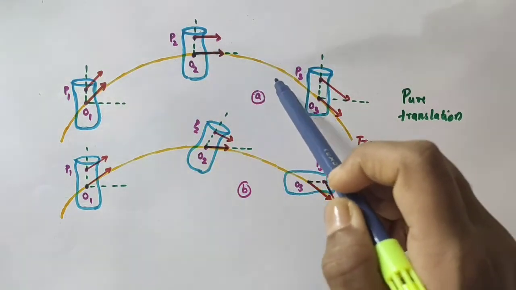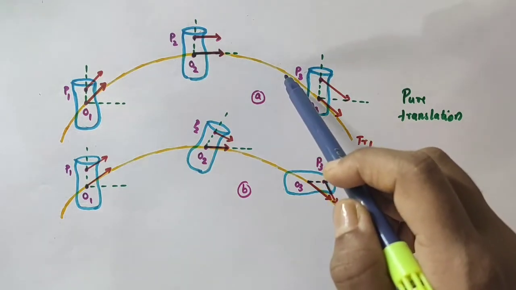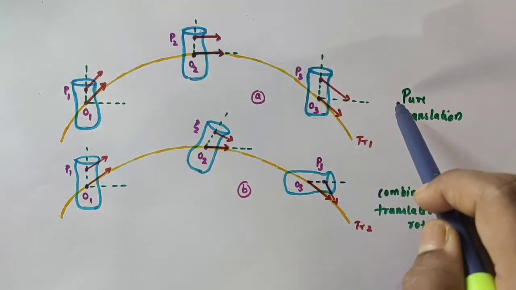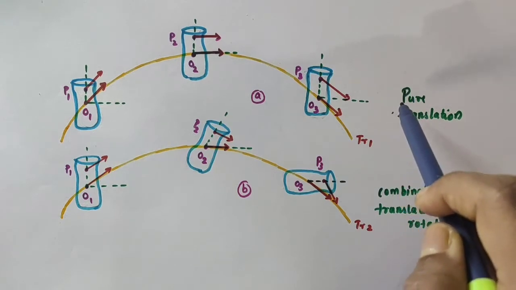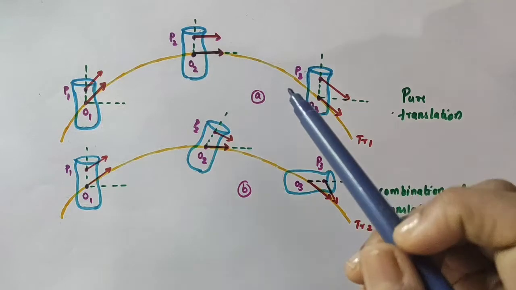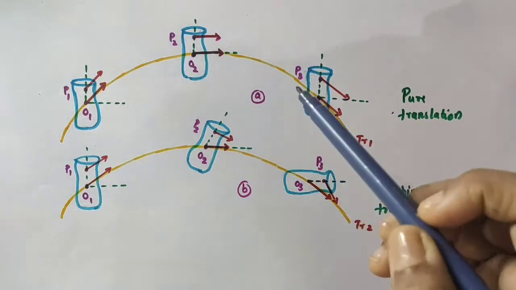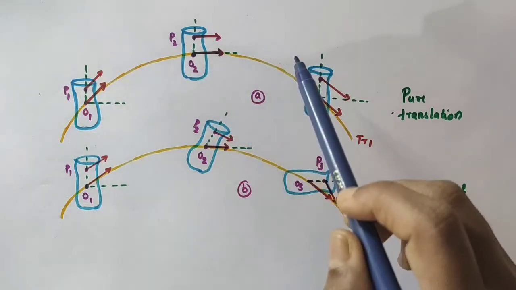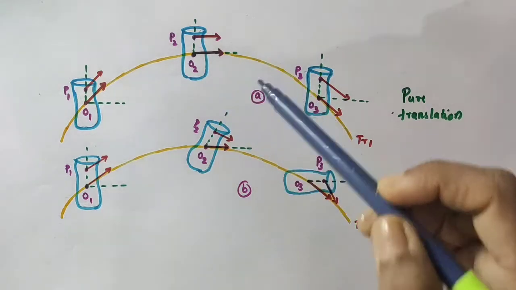Figure A shows the motion of the cylinder, which is pure translation. Pure translational motion occurs when every particle of the body has the same instantaneous velocity as every other particle.